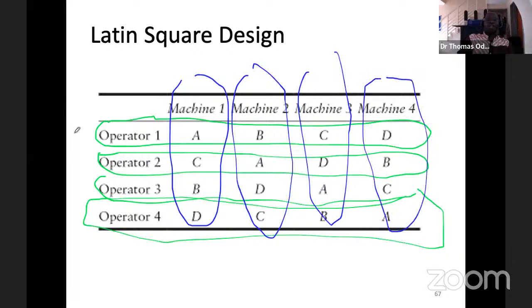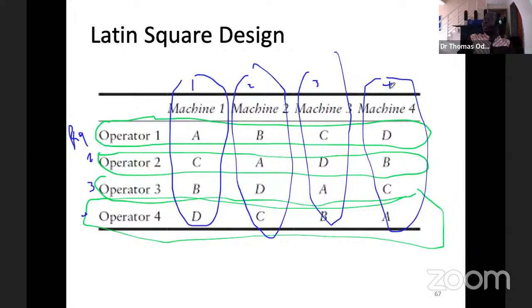So here then, these are what are called the rows. We have the rows, row 1, row 2, row 3, row 4. And then here we have column 1, column 2, column 3, column 4. So this is why we call it the Latin square row-column design.